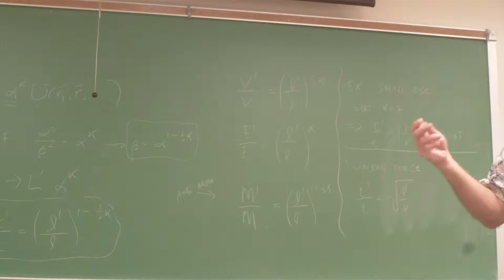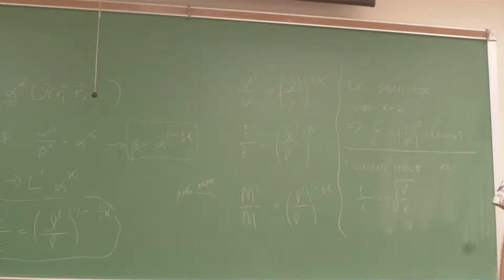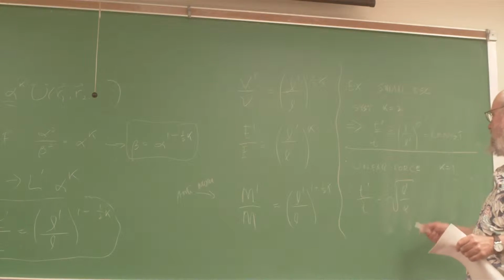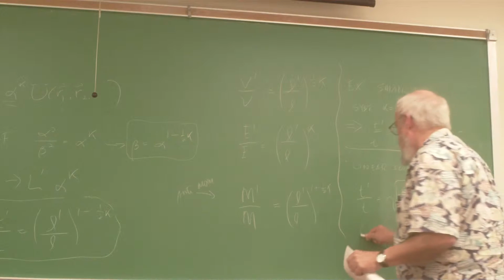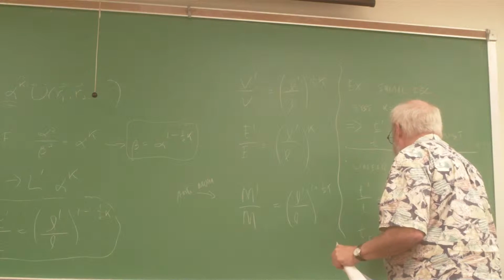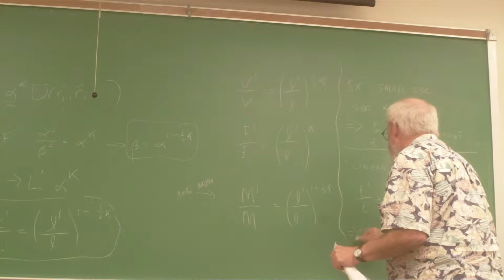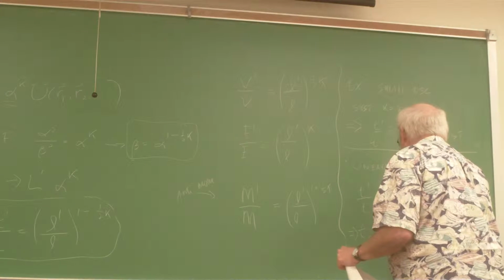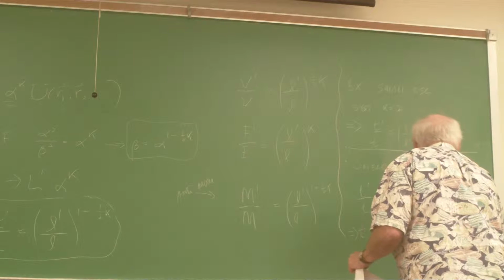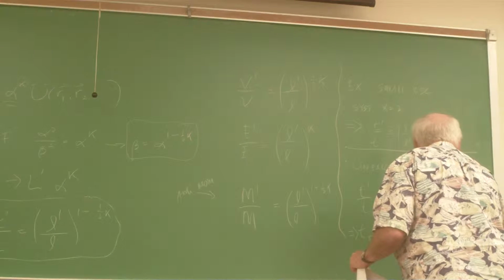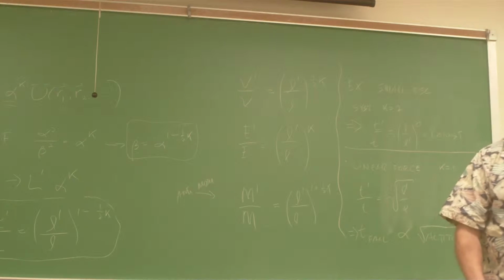Well, the constant gravity, things falling under gravity. And therefore, we can say that the fall time goes as the square root of the initial altitude, right? Without solving any equations.